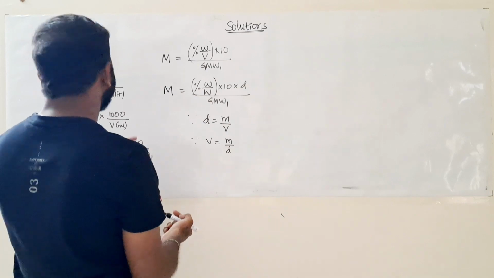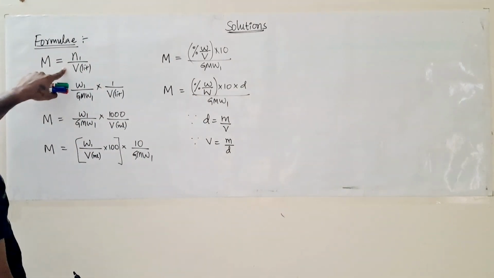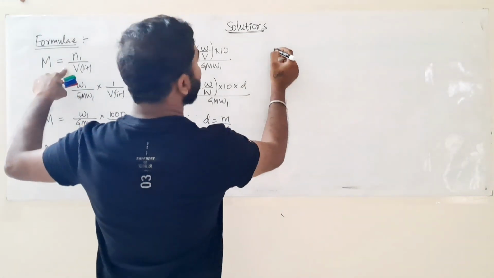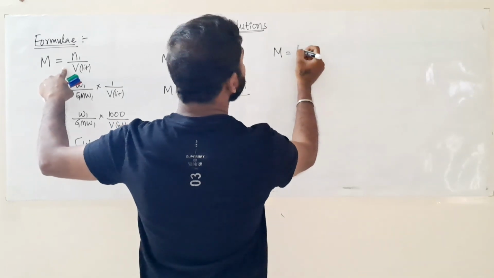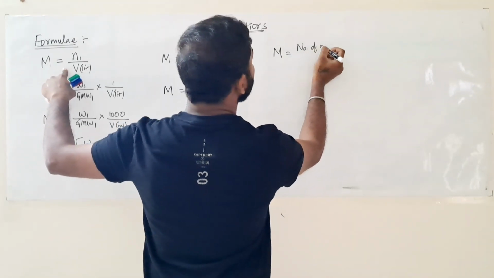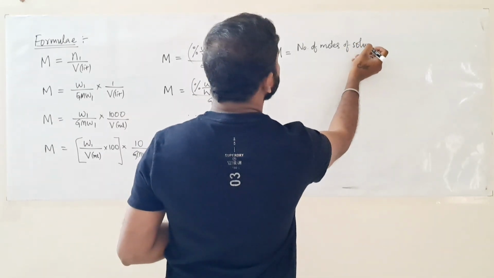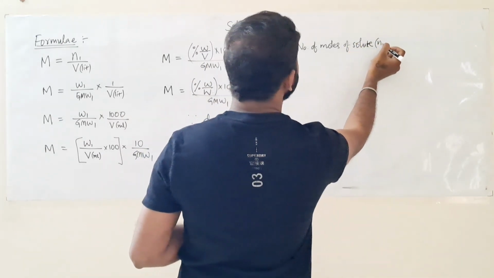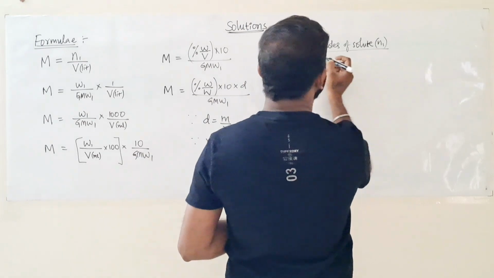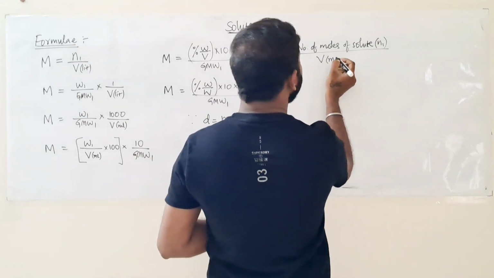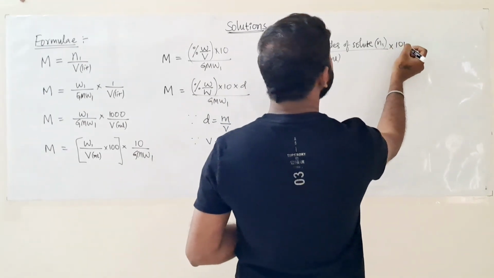And then next, I'm moving again to this particular equation, and if you observe carefully, molarity is equal to number of moles, very important, number of moles of solute, that is generally written as N1, by volume in ml into 1000.